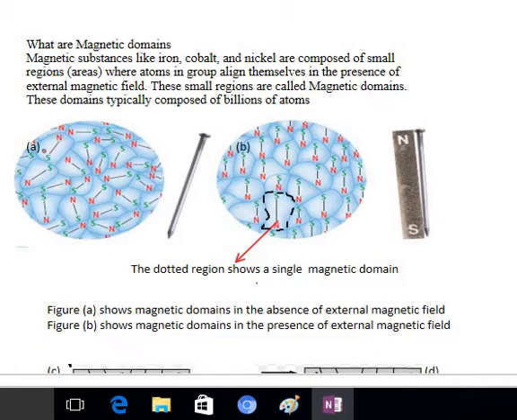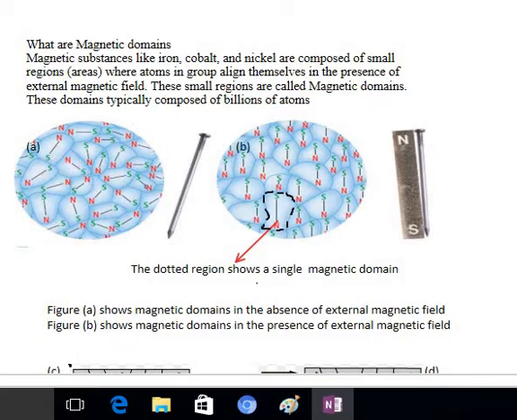In the figure you can see this is the north pole, this is the south pole, and this is the north pole, and similarly again this is the south pole and this is the north pole. Here you can see that these two north and south poles cancel the effect of each other, and similarly these two poles cancel the effect of each other. So what happened as a result?